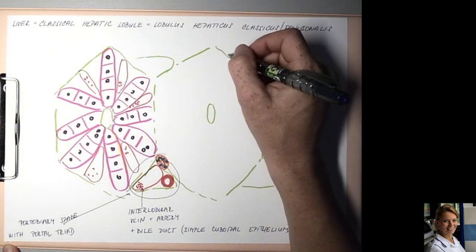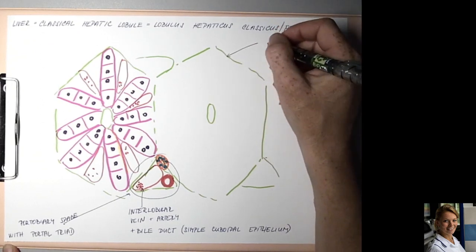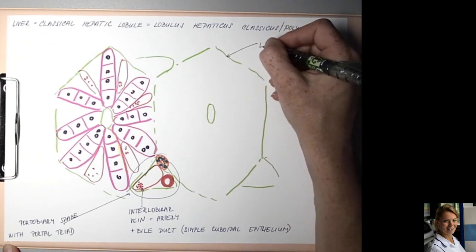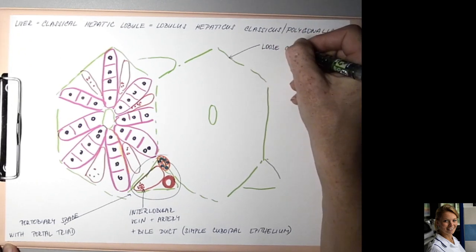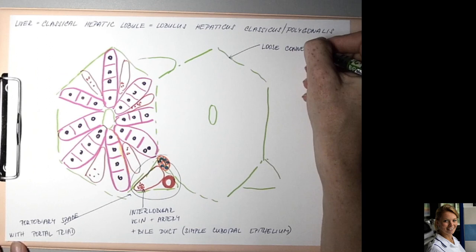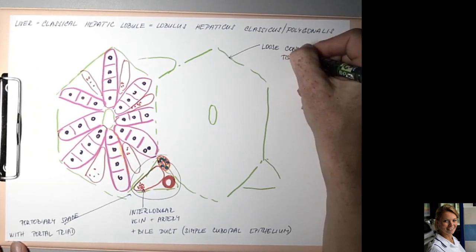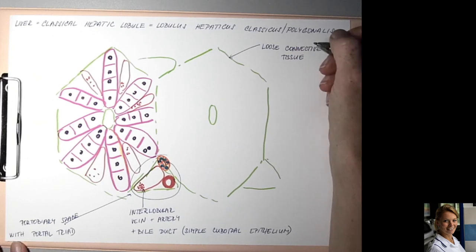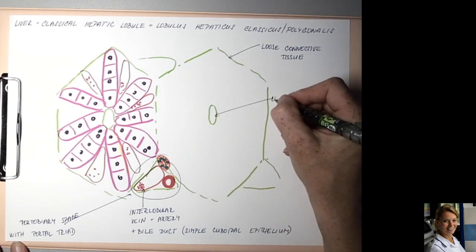The border of the hepatic lobule consists of loose connective tissue. In the center is a central vein.